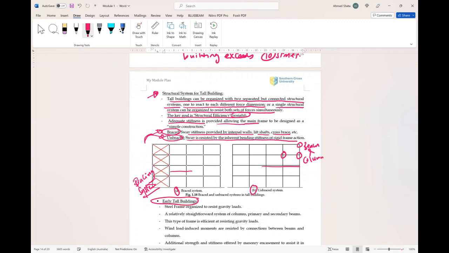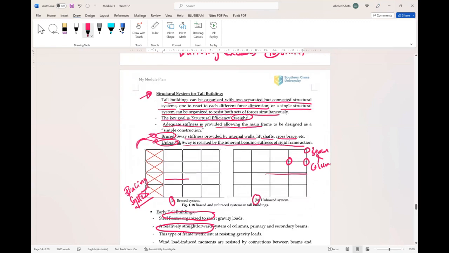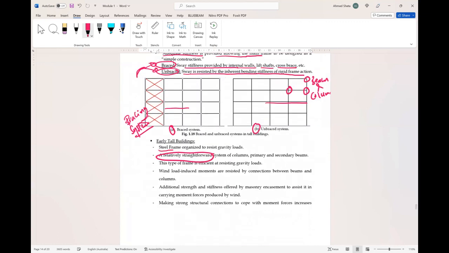In early tall buildings, steel frames were organized to resist the gravity loads.